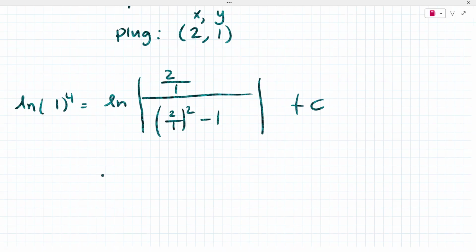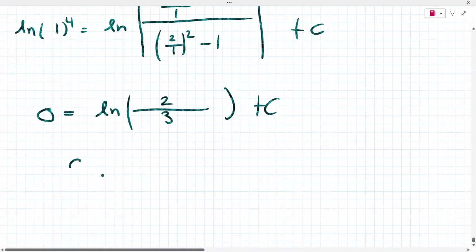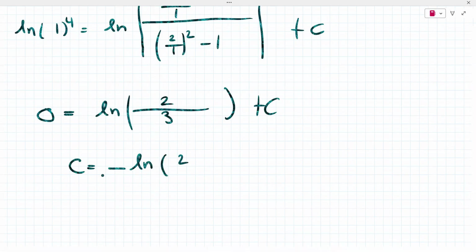So ln of 1 is 0. This is ln of 2 over 2 squared is 4 minus 1, it's 3, plus c. So your c is going to be negative ln of 2 over 3.